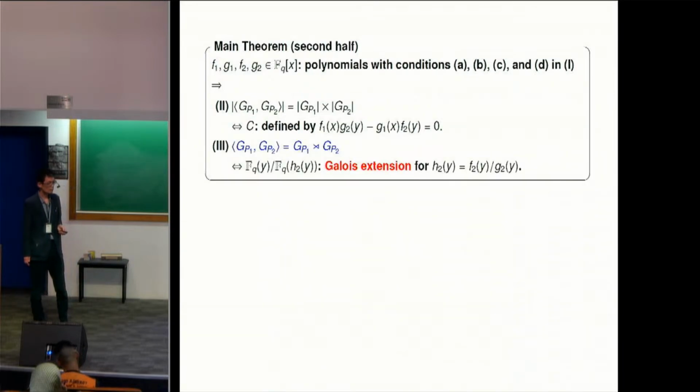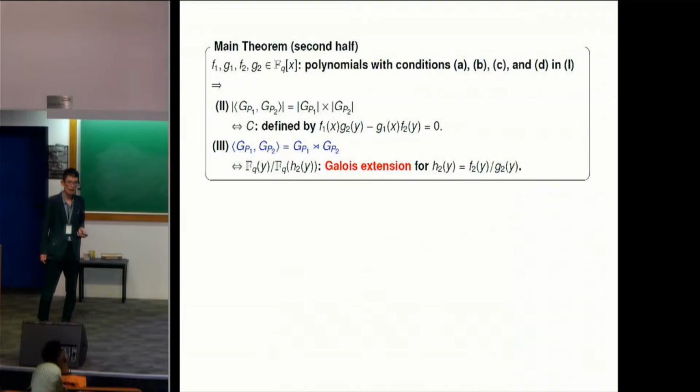The generated group is the semi-direct product of G_P1 and G_P2 if and only if Fq(y) over Fq(h2(y)) is a Galois extension, where h2(y) is defined as f2(y) over g2(y).